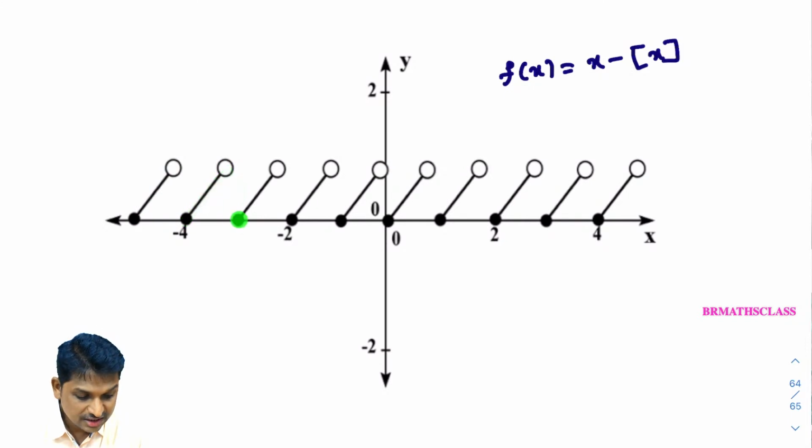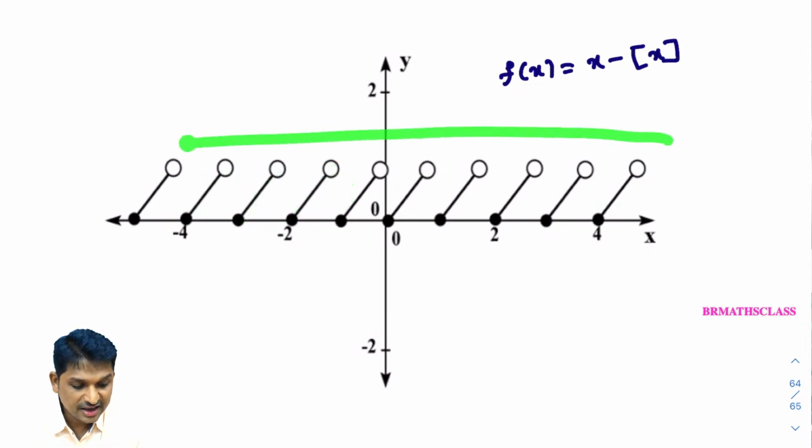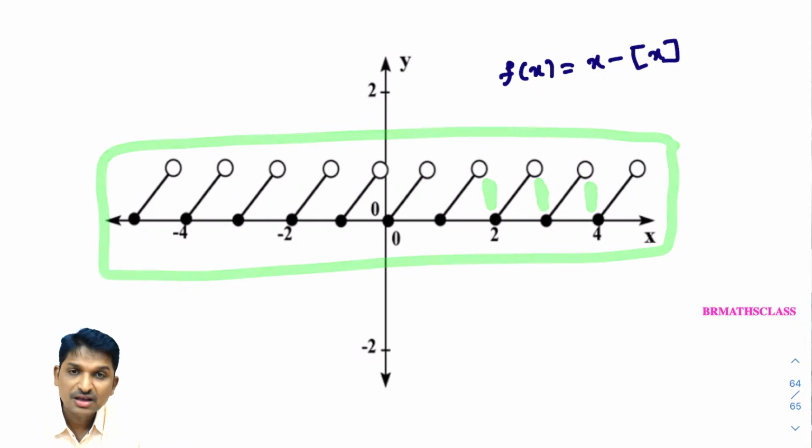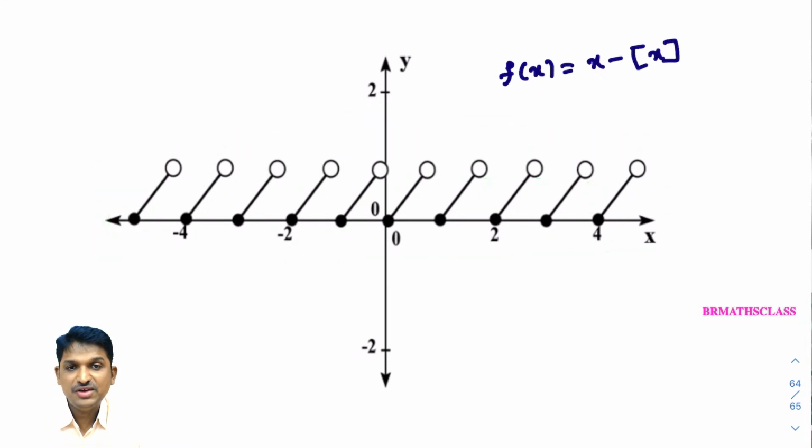Again the graph is going like this, gap is there at the integer. So what you identified? This x minus step x is discontinuous at every integer. At this point gap is there, at this point gap is there. By seeing the graph, easily we can say this is discontinuous at every integer.